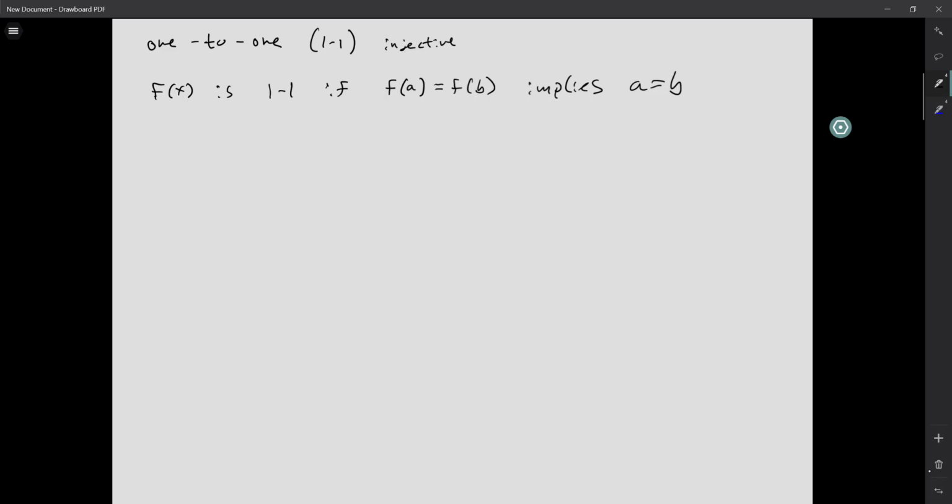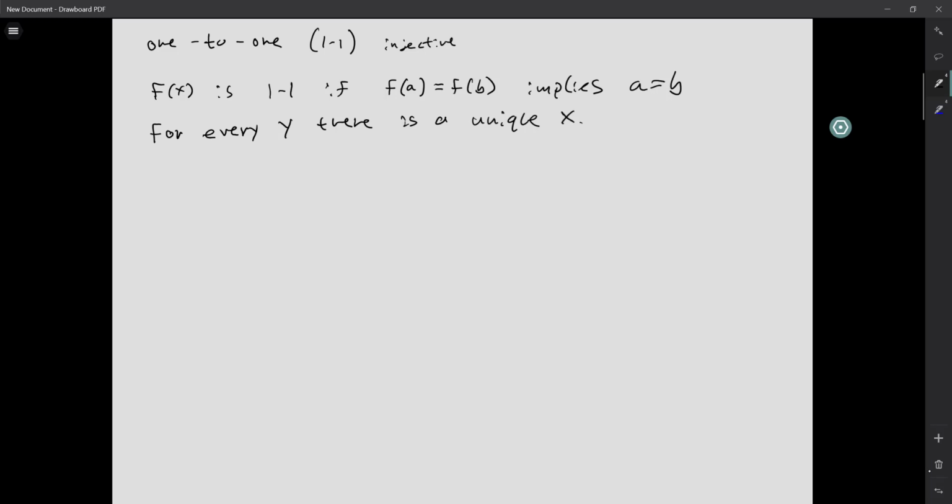But what it's saying is that for every y output, there is a unique x for input. So if I know that my function is equal to 5 somewhere, then I know that there is exactly one x value which is going to give me a 5.